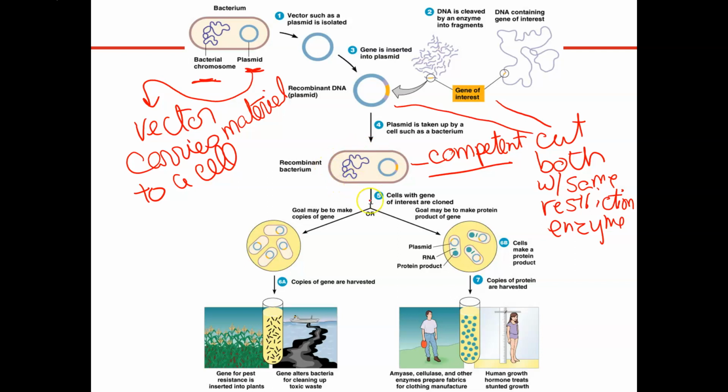That cell can then be used to produce special characteristics within the bacteria. In this case, we have produced bacteria that can clean up oil spills, right? Or toxic waste. So recombinant.